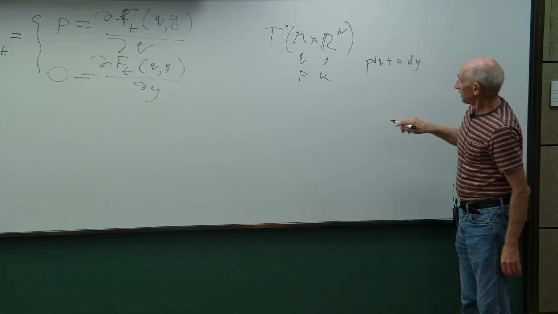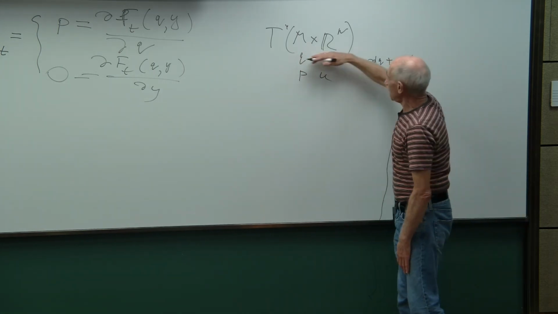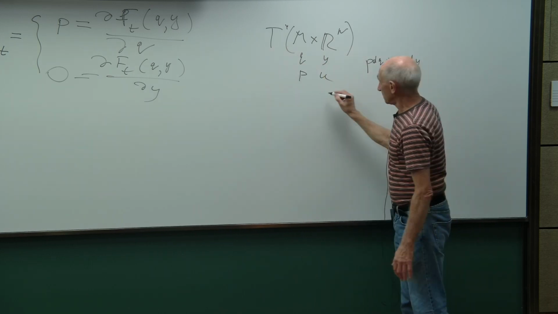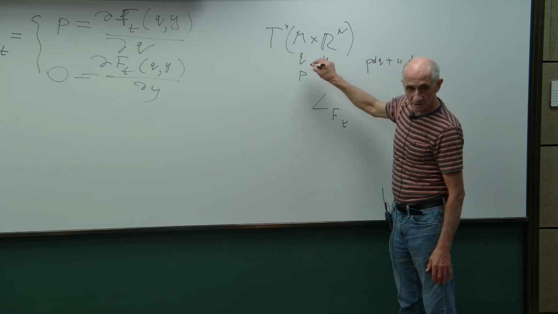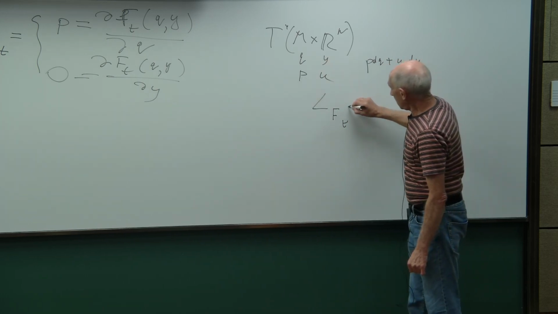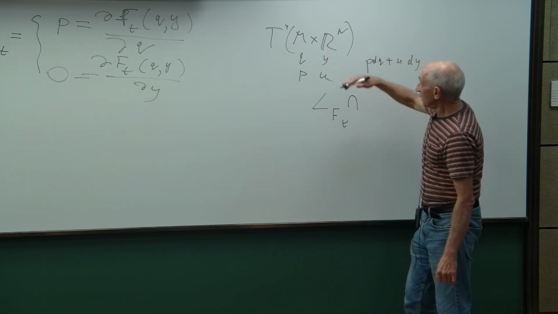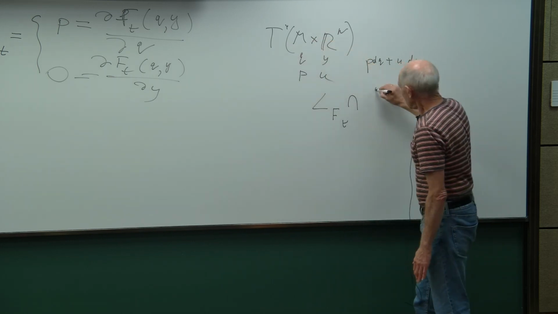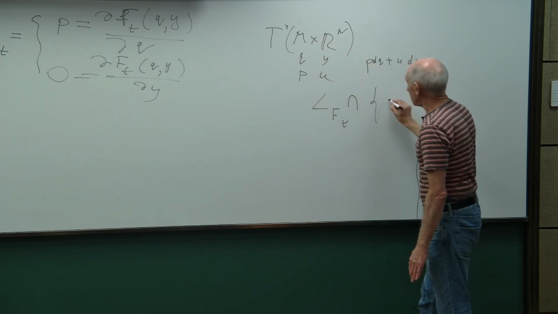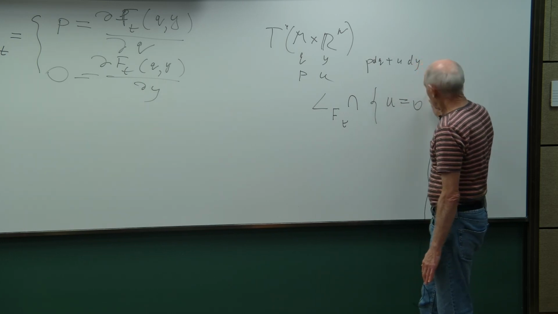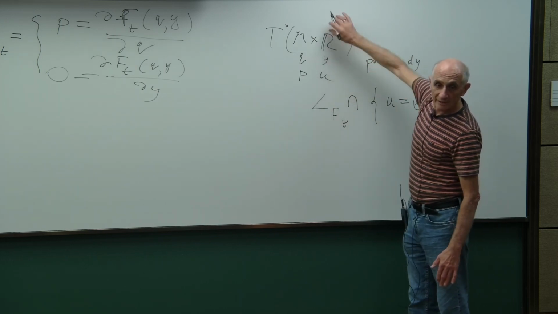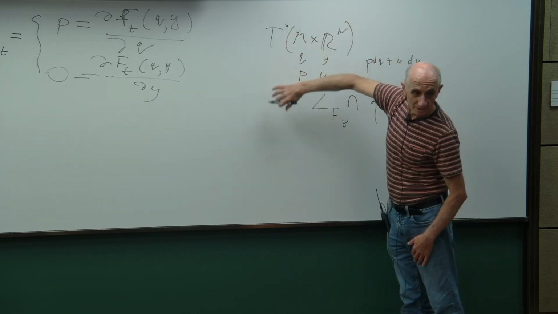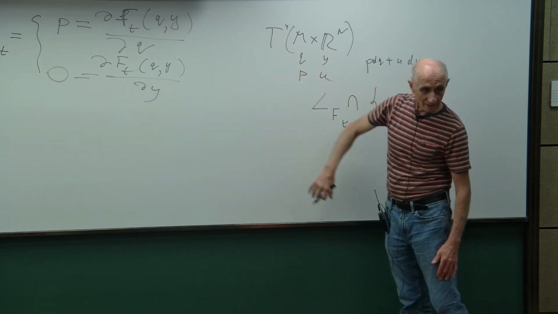And then we take our Lagrangian L ft, which sits in this cotangent bundle, intersected with this subspace given by the equation u equals 0. So that means it consists of forms annihilating the fiber of this fibration Rn.